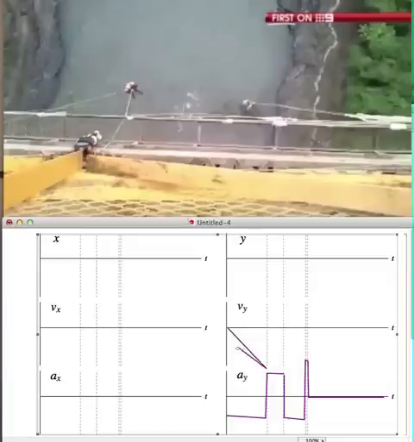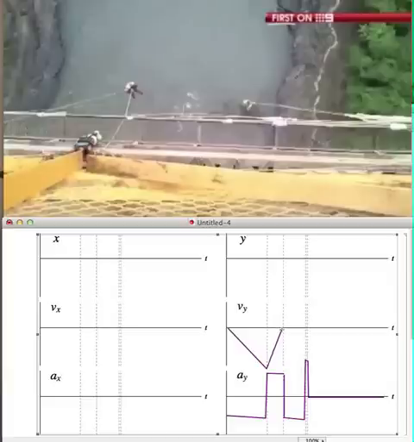And the slope here matches the negative value for acceleration. The slope in this section matches the dramatic positive acceleration. So her downward velocity rapidly decreased, maybe to a slow downward velocity.